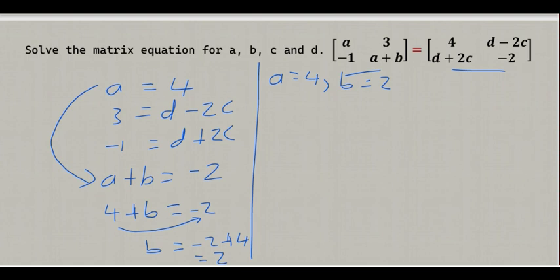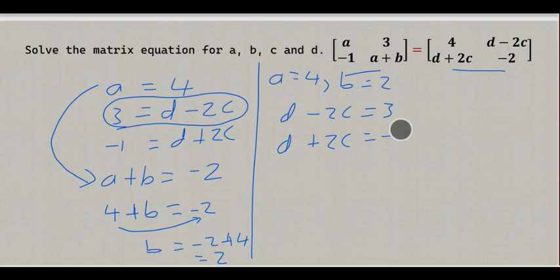So in this case now you're going to have D. We can just rearrange this one right here so that we have D minus 2C is equal to 3, and you also have this other one, rearrange it, D plus 2C is equal to negative 1. So of course now this is a simultaneous equation.